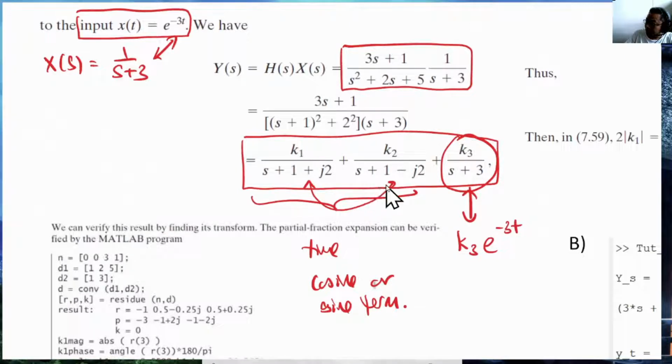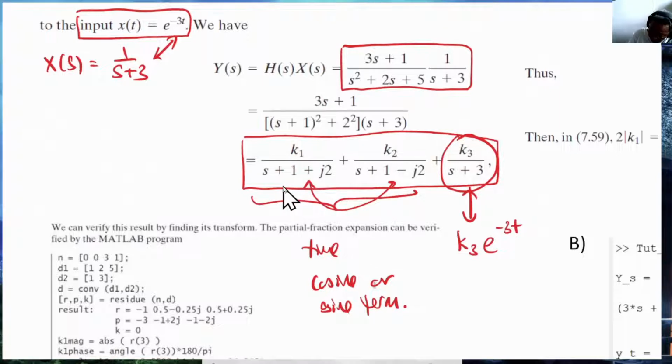Typically, I'm going to ask you to use the cosine expression and then find the magnitude and phase. So the question now is, which one do we identify with to make our computation easier?